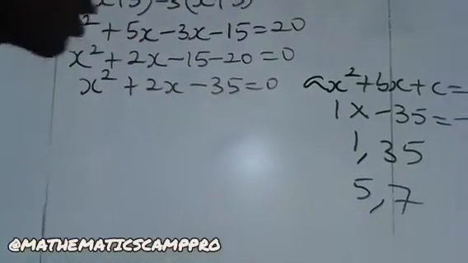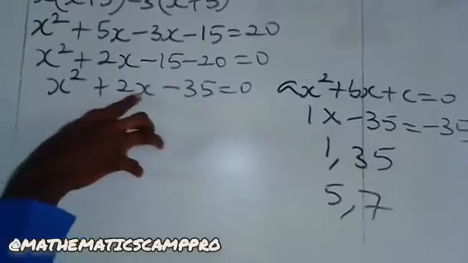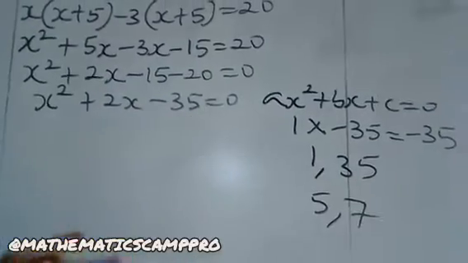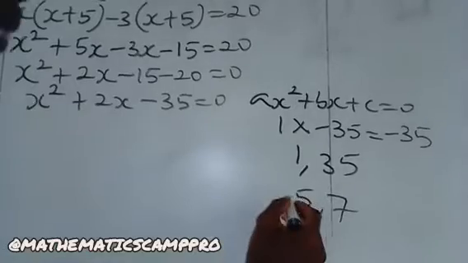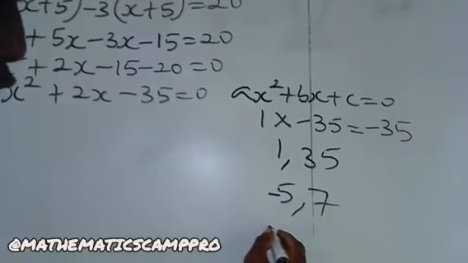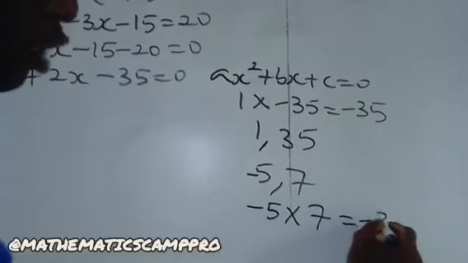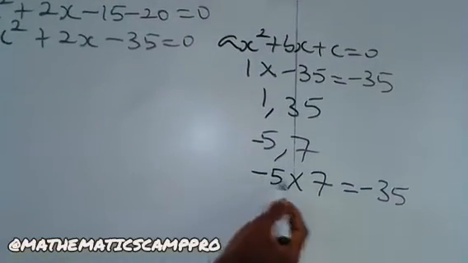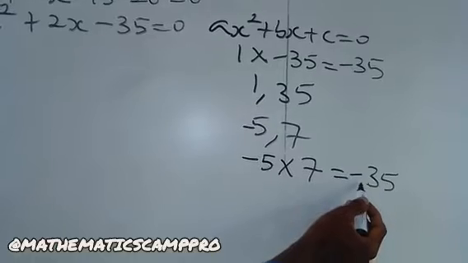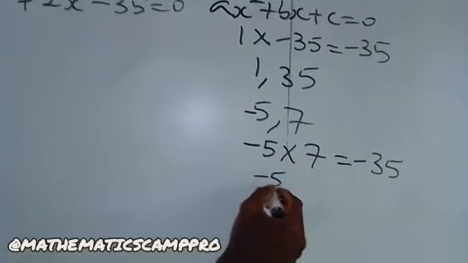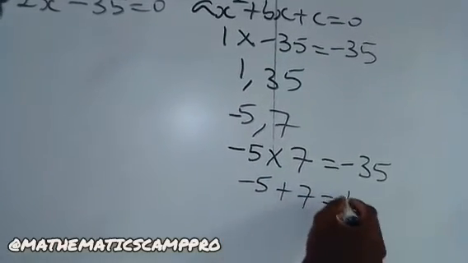Now I'm going to ensure that I'm getting my plus 2 and I'm getting my minus 35. It's now going to be minus 5. Look at it viewers at home. Minus 5 times plus 7 is going to give me minus 35. Why? Minus times plus is going to be minus 35. Now minus 5 plus 7 is going to give me plus 2.